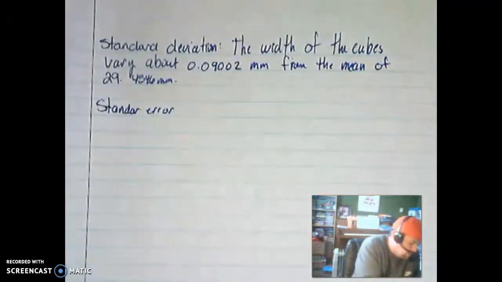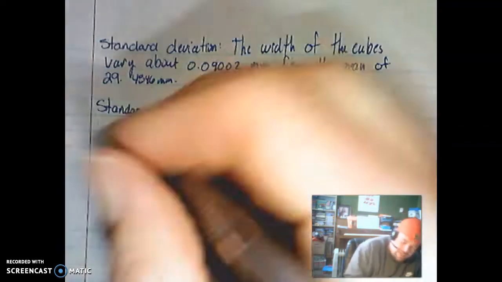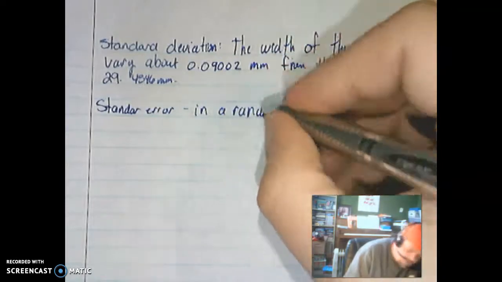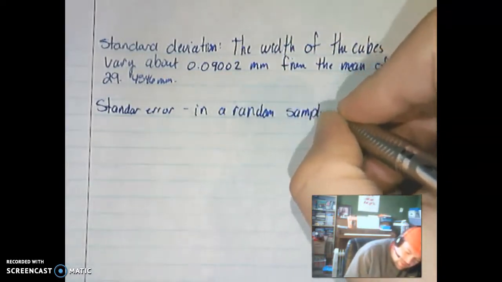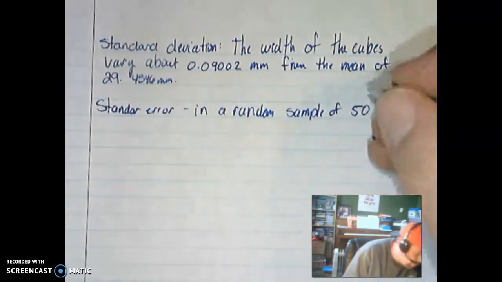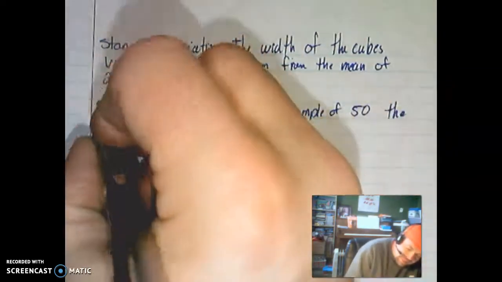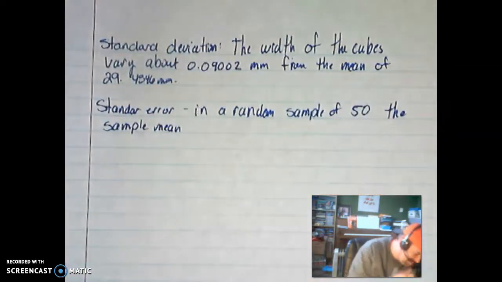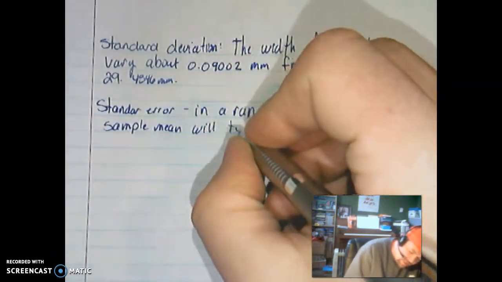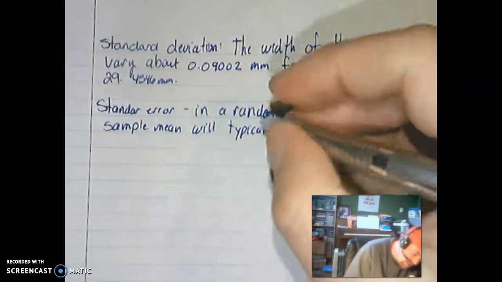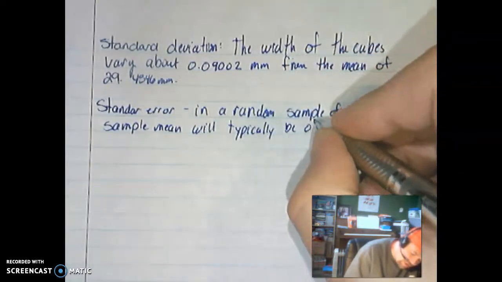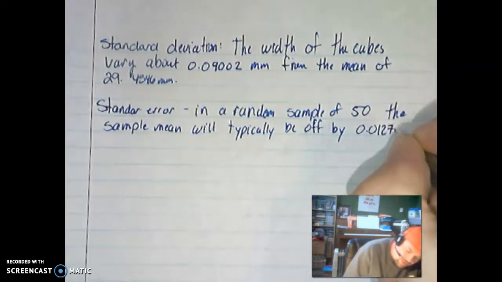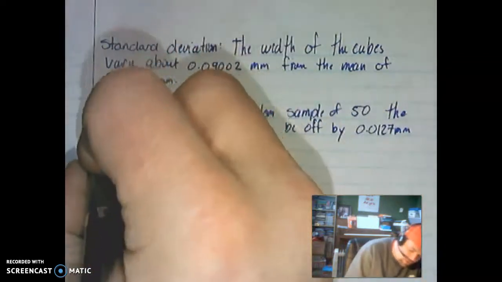In a random sample of 50, the sample mean will typically be off by 0.0127 millimeters from the true mean.